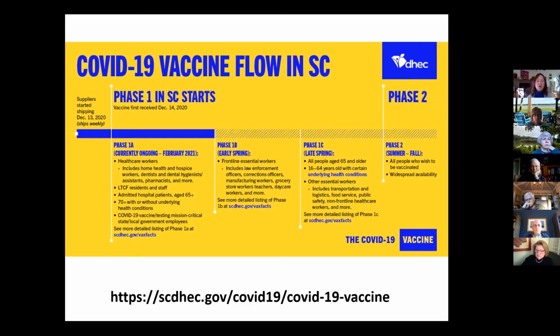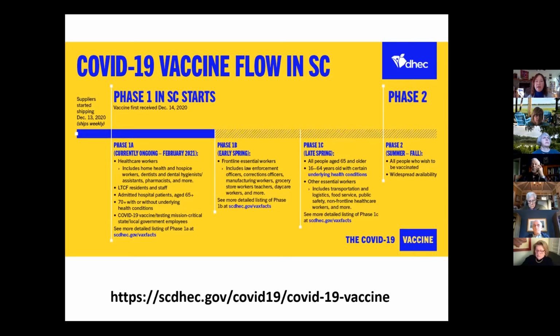Currently in South Carolina, we went with what the Advisory Committee on Immunization Practices suggested. That was ACIP, they met in December. It's not all CDC people, but it is run by CDC.